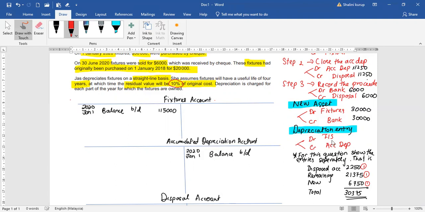In that, you see that in 2020 they used these fixtures for 6 months, which means that this has to be reflected in the income statement. The remaining we know where we got, and the new one also we know where we got. Therefore the total depreciation in the income statement will be 30375. Again, this has to be shown separately because it gives a mark for each one of them.